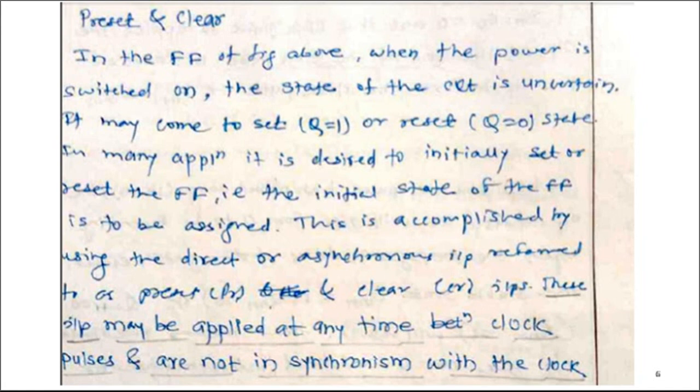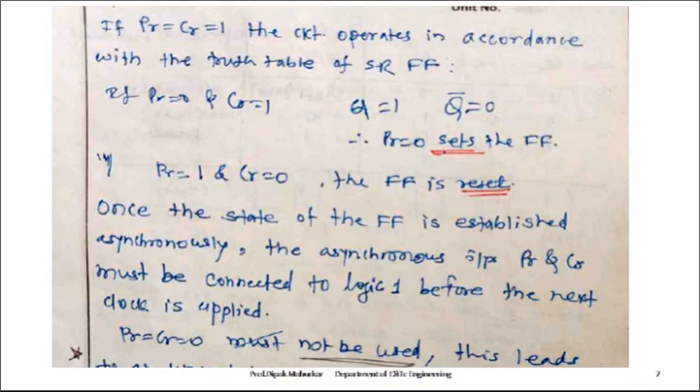That is, the initial state of the flip-flop is to be assigned. This is accomplished by using the direct or asynchronous inputs, preset and clear. These inputs may be applied at any time between the clock pulses and are not in synchronization with the clock.